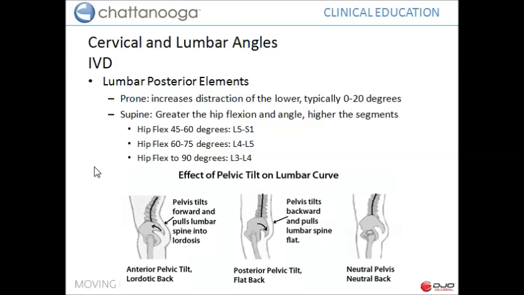And I'll show you a picture here in a moment. But we know that when we start to put the patient into a hip flexed position, which we also refer to as the hook lying position, the reason for doing that is it reduces the lordotic curve, and that's the relationship between the iliofemoral joint and the lumbar spine.